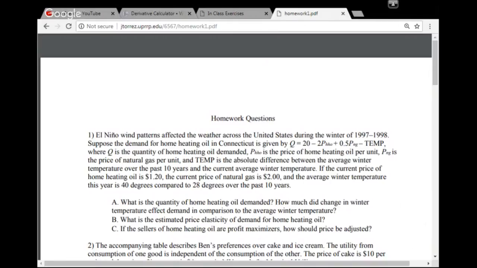So what should the seller of home heating oil do? Raise the price. It's inelastic because it's less than one, right? Less than one in absolute value.